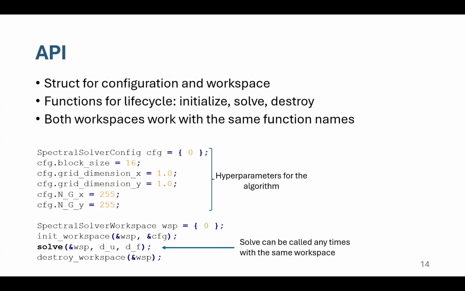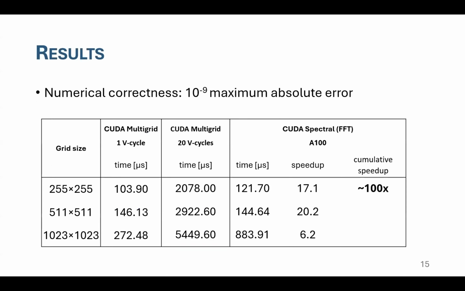So the whole point is that this solve function can be called in a simulation loop given the workspace, which can be, of course, connected to external data pointers. So we can directly operate on the simulation's grid. And both solvers use the same function naming. It's just resolved at compile time with some C++ argument-dependent lookup.